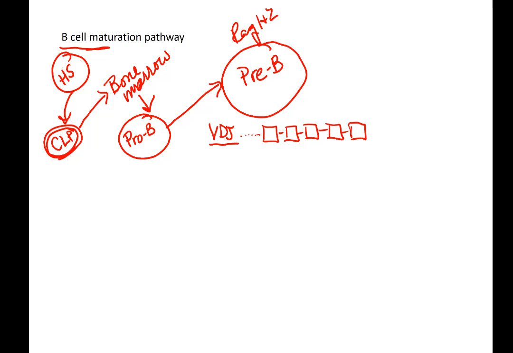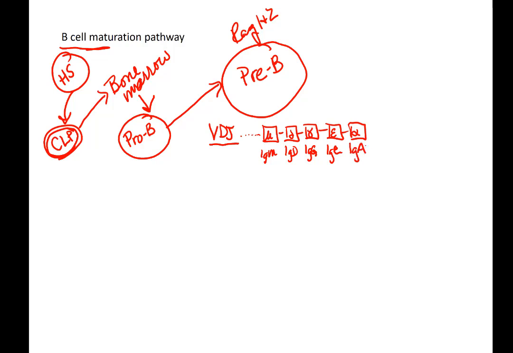There's more isoforms of each antibody, but the 5 classes are mu for IgM, delta for IgD, gamma for IgG, epsilon for IgE, and alpha for IgA.